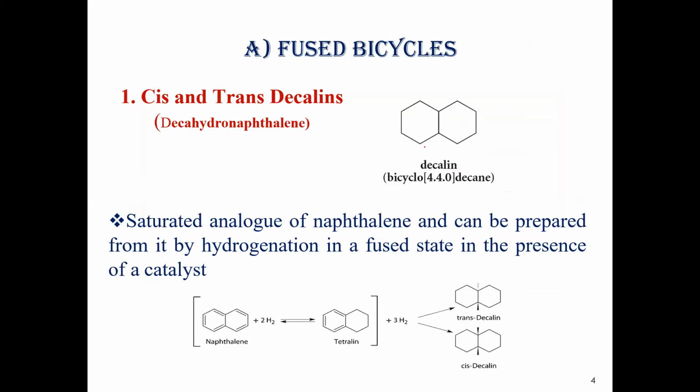The fused systems include decalin, octalin and hydrindane. We first discuss the fused bicyclic system decalin, which is bicyclo[4.4.0]decane. Decalin has two forms, cis and trans decalin. It is also known as decahydronaphthalene.